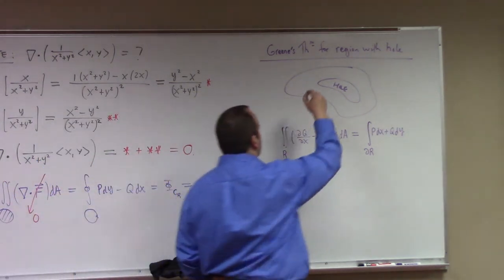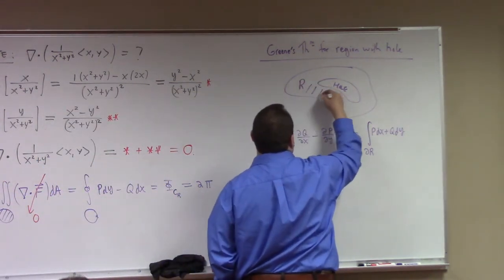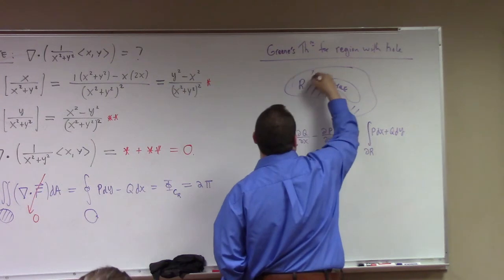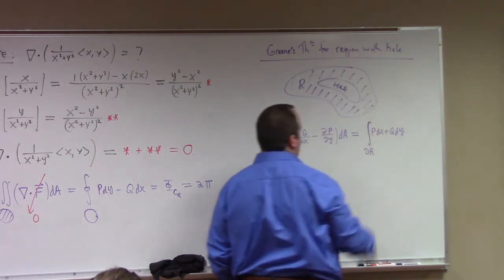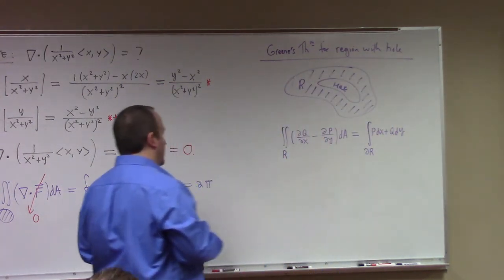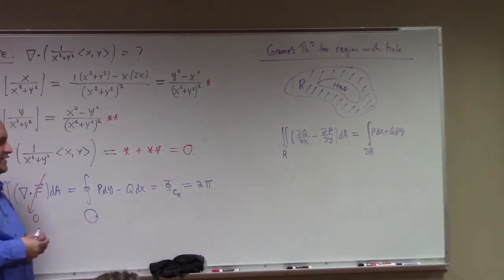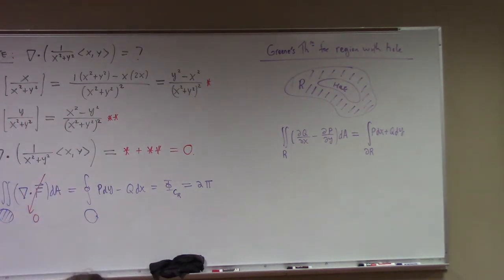So this is R. You're like, well, but that's just what you already wrote. Yes, but there's an interpretation that we're going to make here. What's the boundary of a region with a hole?